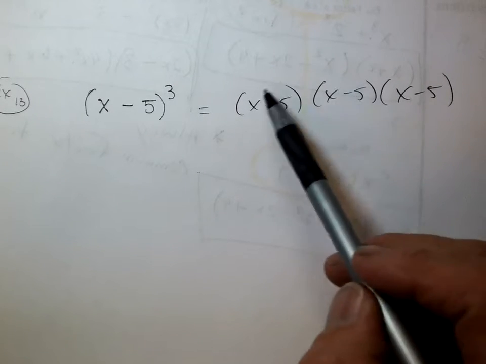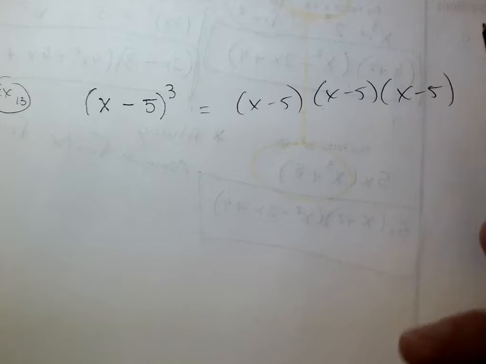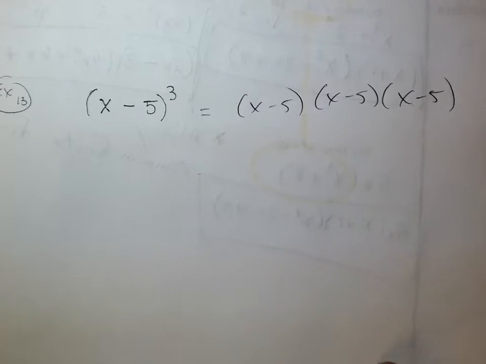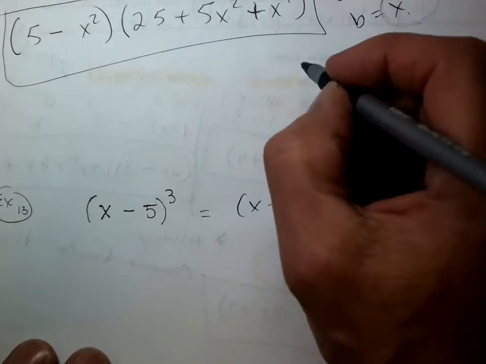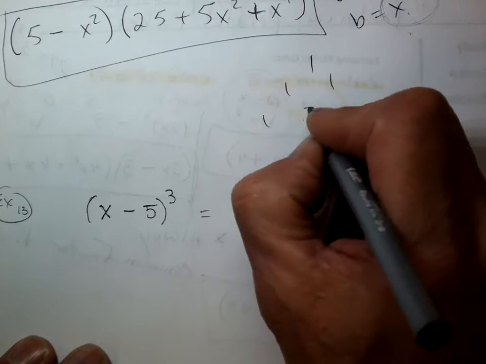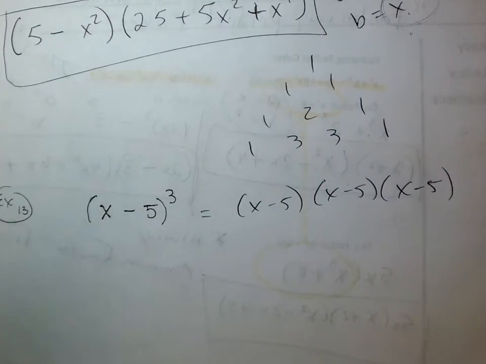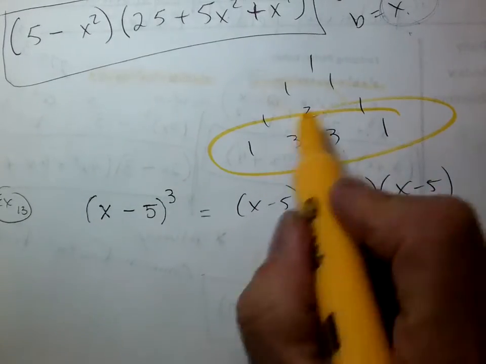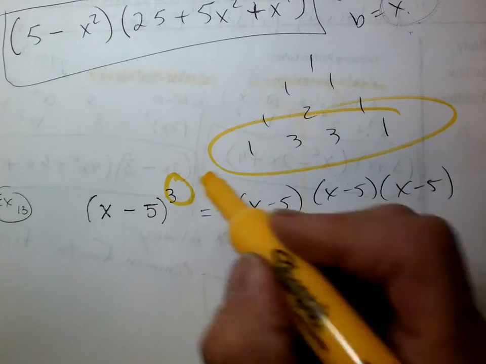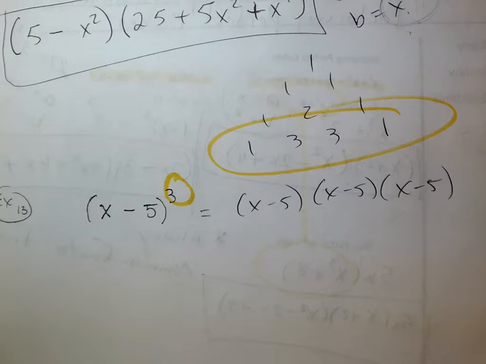We could keep multiplying, or I'm going to use Pascal's triangle, right? So Pascal's triangle: 1; 1, 1; 1, 2, 1; 1, 3, 3, 1, because I want the third row of Pascal's triangle because of the cubed, right? Now you could multiply it all out, but to me that's kind of a pain. I really think it's faster this way.